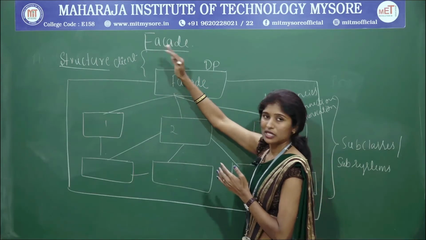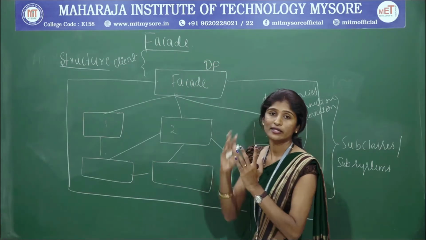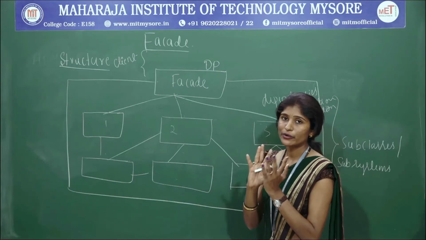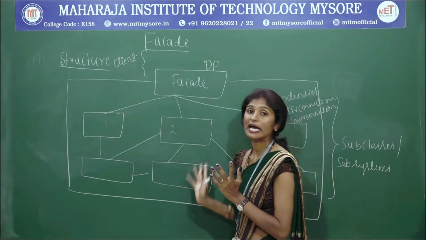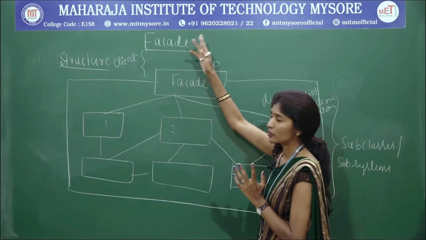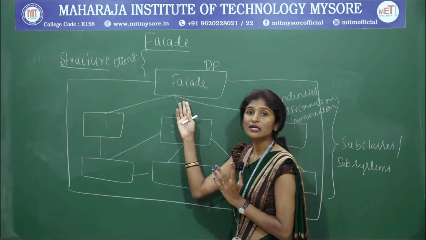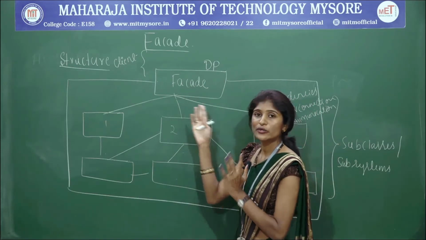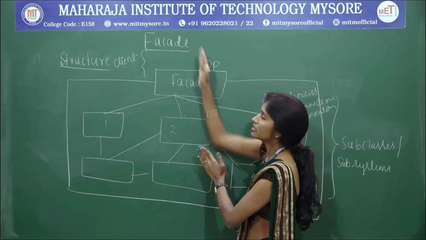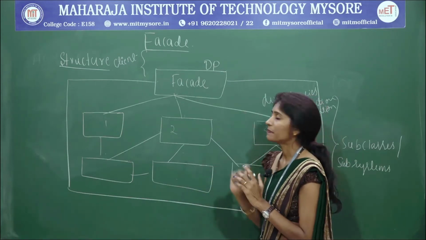The upper classes, the main classes, are not going to have direct access to this. So there is no direct connection between the above classes and the subclasses. Why? Because we have a facade here. This facade is going to interconnect the subsystems and the main systems. Okay, so that is the operation of the facade design pattern.